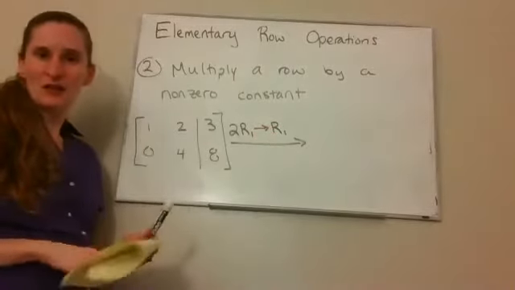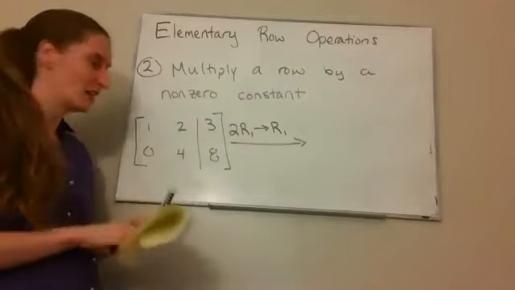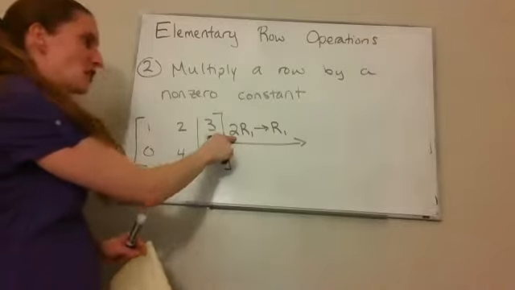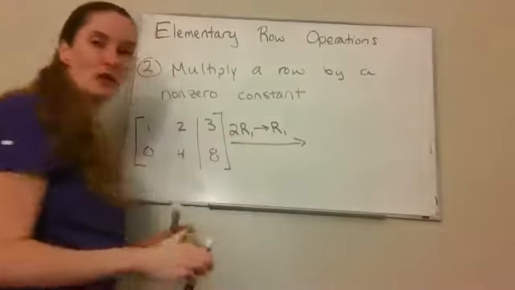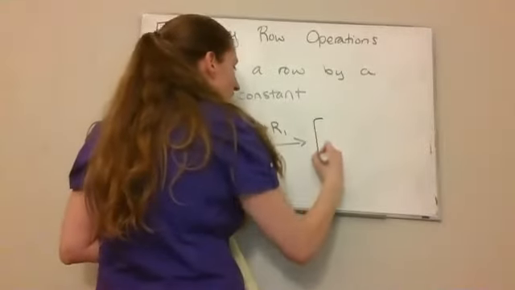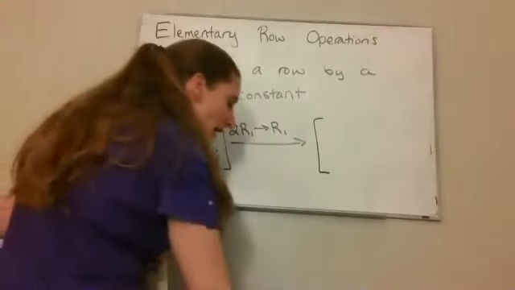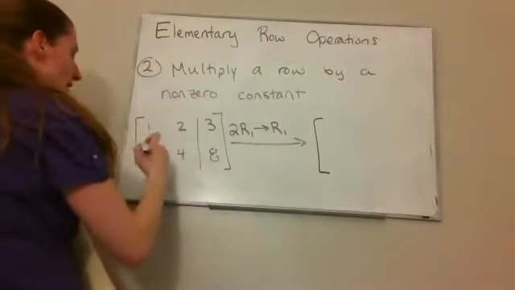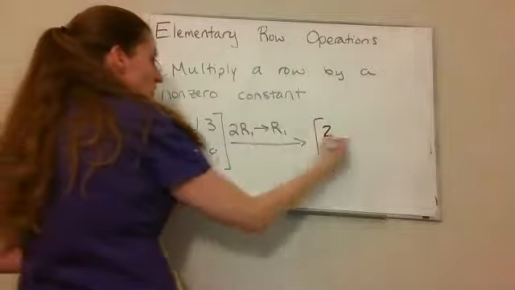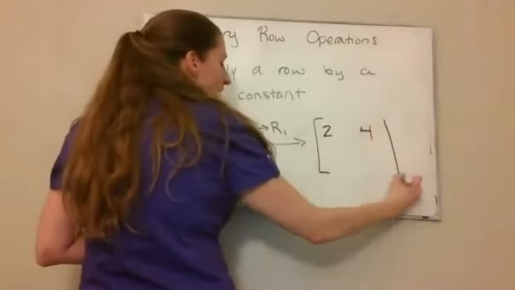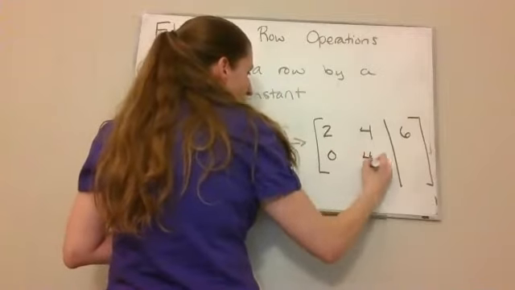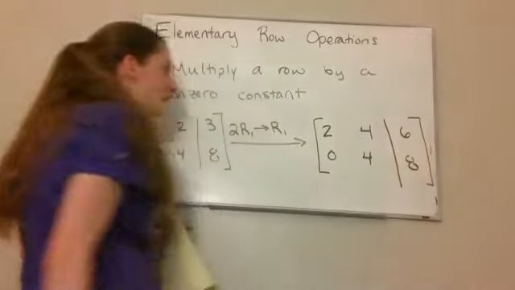I know it's kind of confusing notation, but what it's saying is multiply your row 1 by 2 and take that new information and put it in row 1 in your new matrix. So I get to multiply all of my values in row 1 by 2. 1 times 2 is 2, 2 times 2 is 4, and 3 times 2 is 6. And I didn't do anything to row 2, so it's still the same.